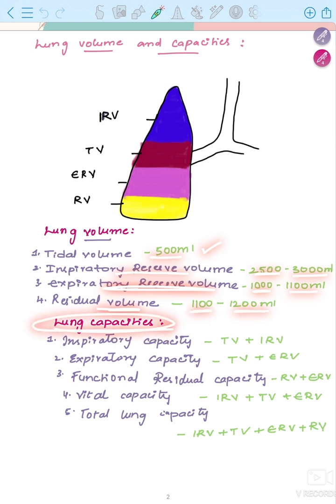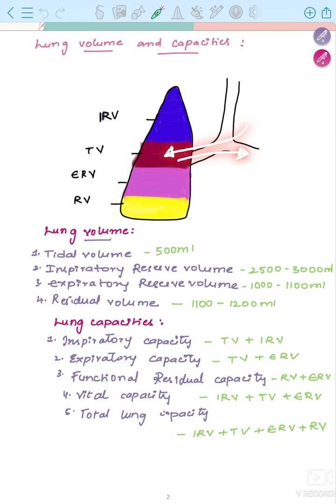What are lung capacities? The first one is inspiratory capacity. Inspiratory capacity means the lung is challenged for maximum inspiration. Normal inspiration and normal expiration have taken place.